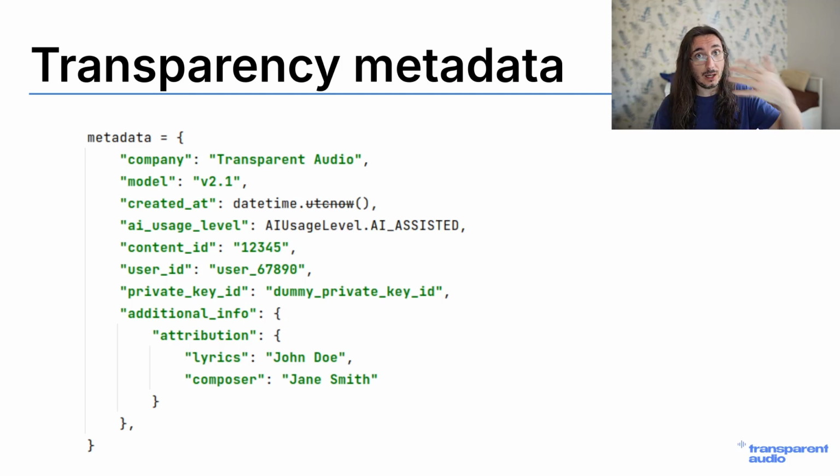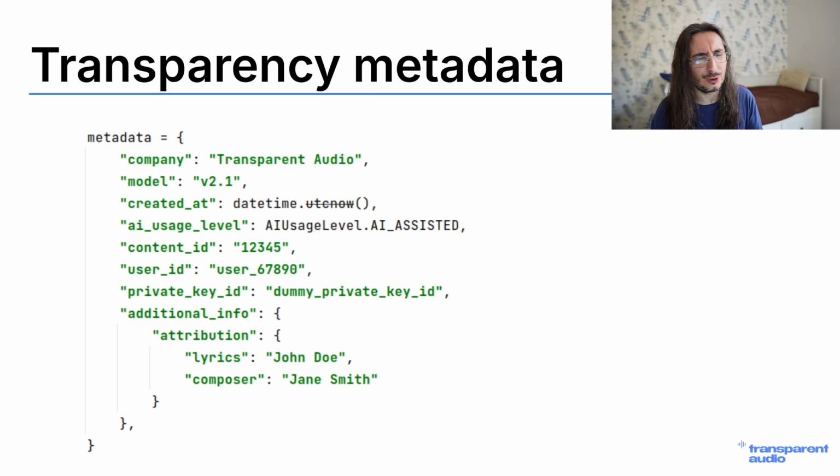We have a bunch of AI usage levels, for example, fully AI generated or AI assisted, the content ID, the user ID, and the private key ID, so that it's possible to retrieve the associated public key at reading and verification time. Just be aware, we're not talking about the private key itself, but the associated ID that we can use as a reference when we want to retrieve the associated public key.